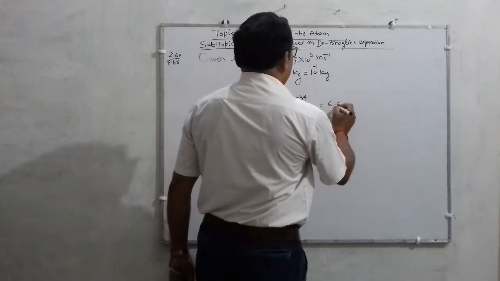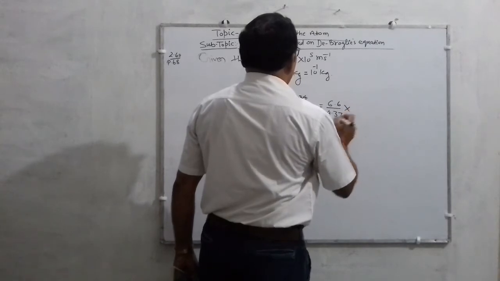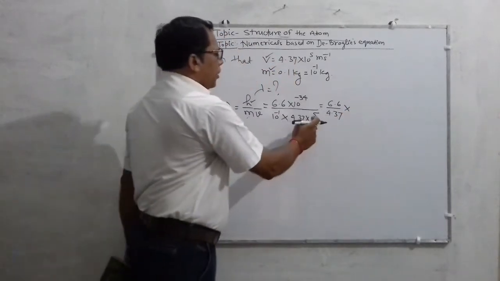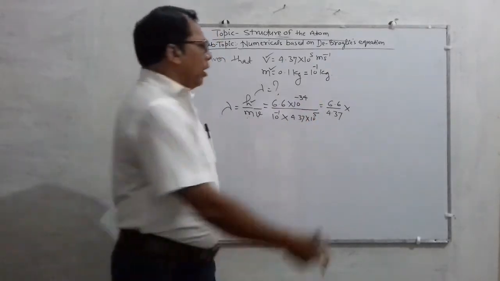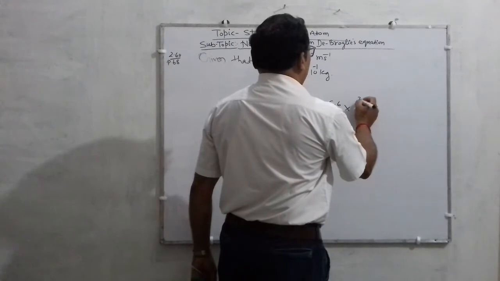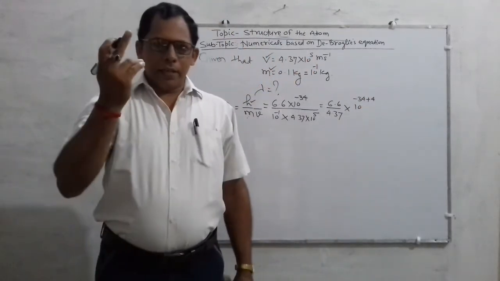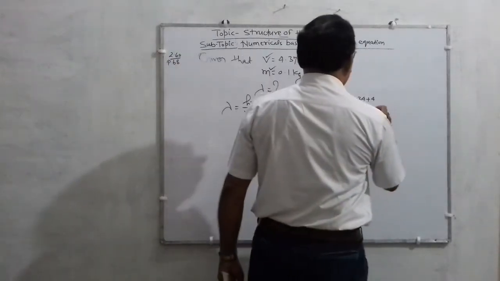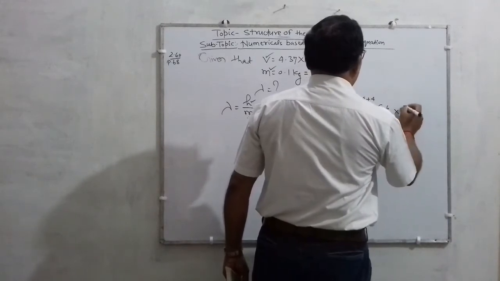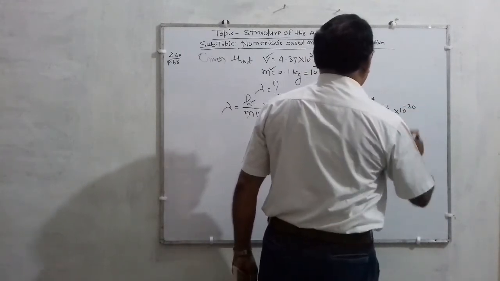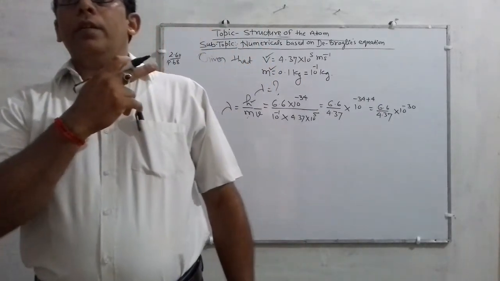So this may be written as 6.6 divided by 4.37 into 10 to the power 4. If it goes in the numerator, it becomes positive, and the value can be written as 10 to the power minus 34 and plus 4. Can it be written, children? Okay.